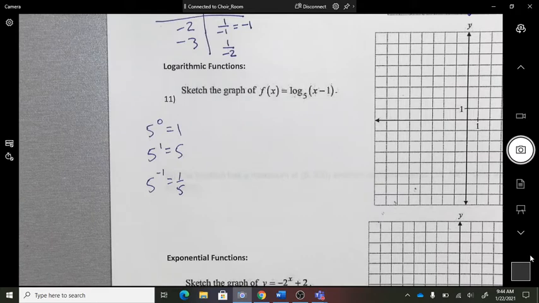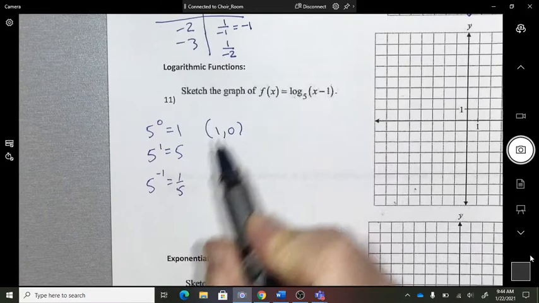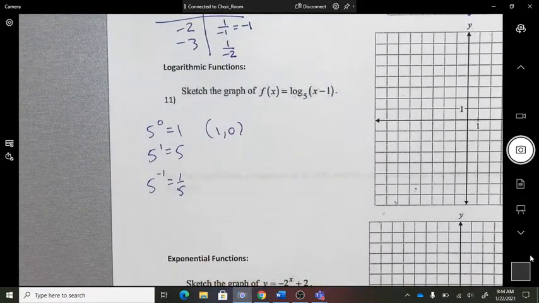Okay, so when I think about this as a coordinate, it's a log coordinate. So how do we always write log coordinates? Remember, it's the opposite of an exponential.